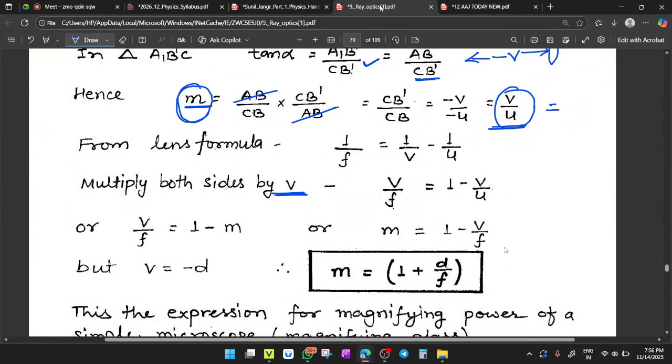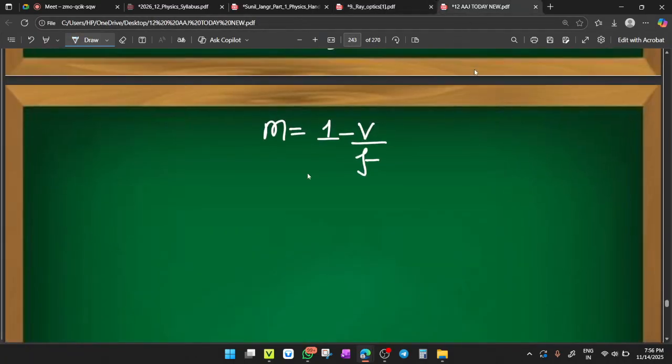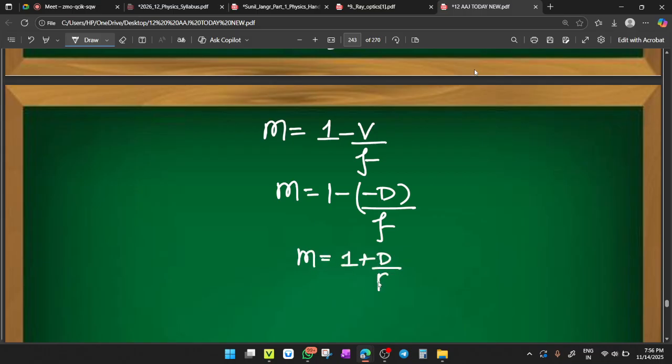As we know, V equals minus D. So place here the value: M equals 1 minus of minus D by F. So it becomes M equals 1 plus D by F. Clear?